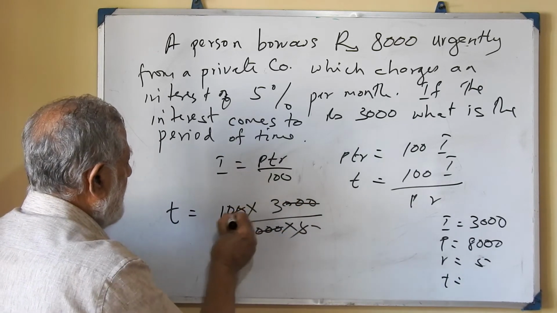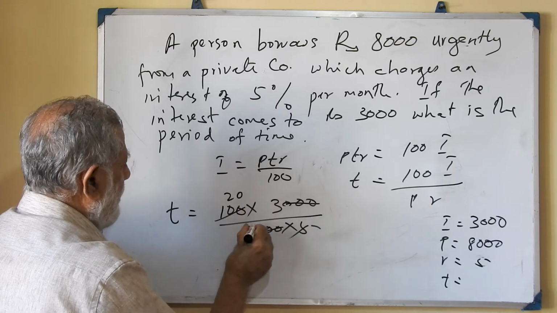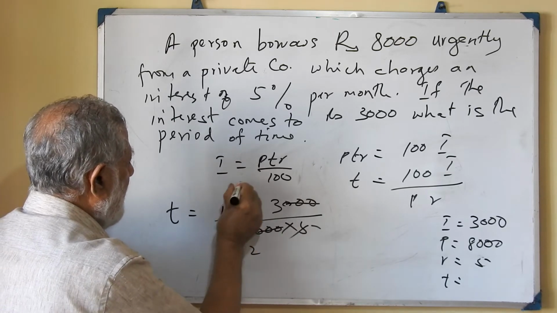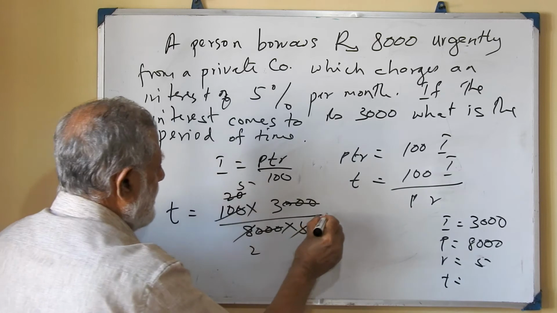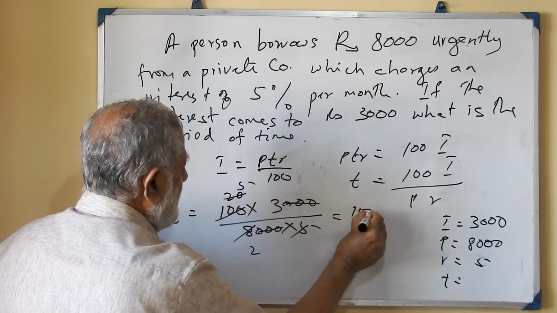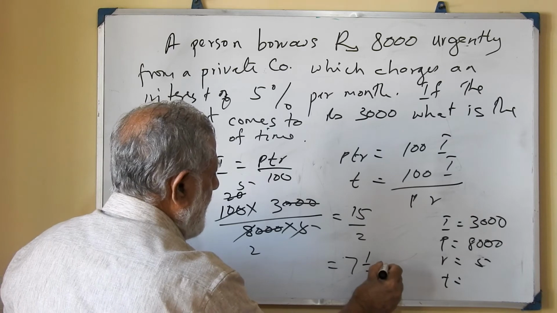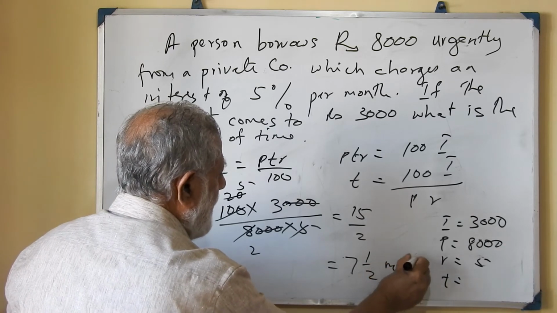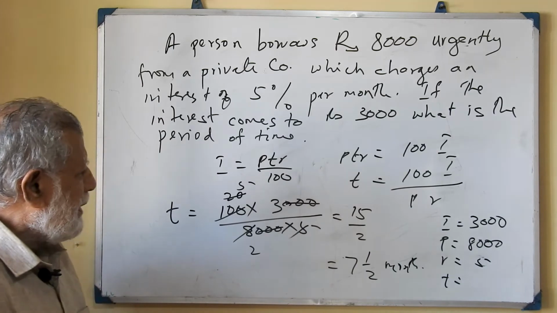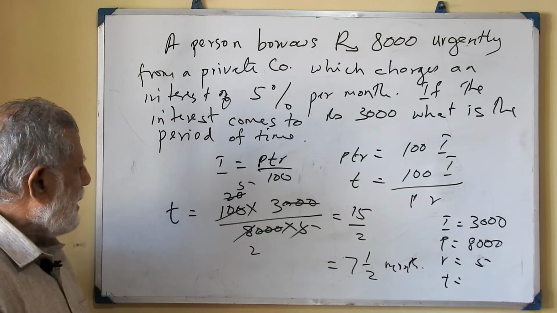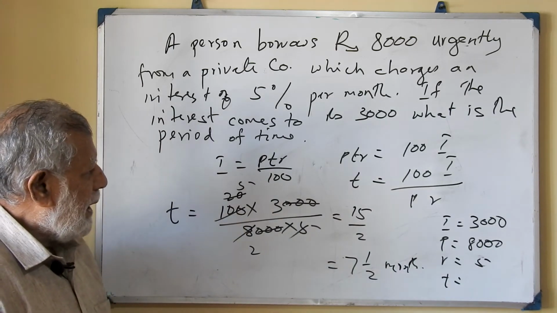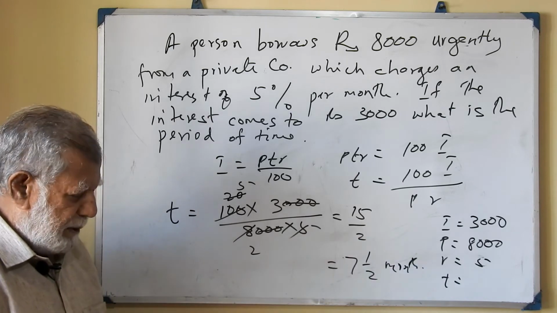So 5 times 20, 4 times 2, 4 times 5. So that is equal to 5 threes are 15 upon 2, 7.5. That is 7.5 months, that is 7 months and 15 days. So within 7 months and 15 days, he has got this interest amount.